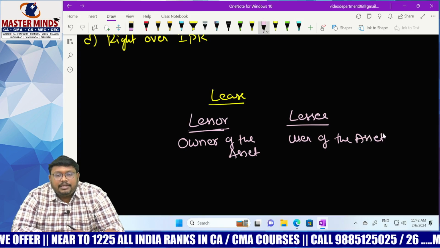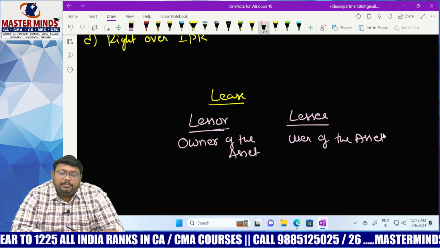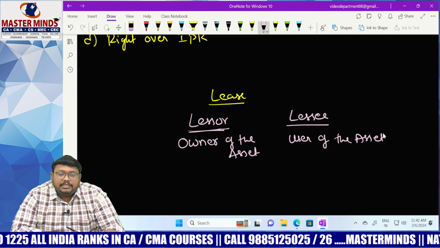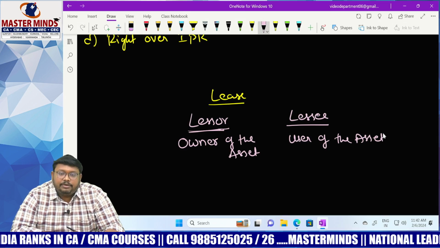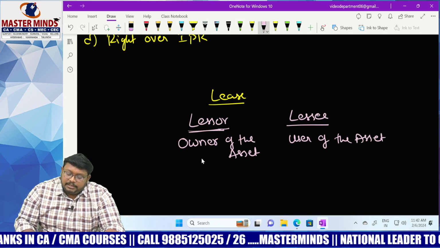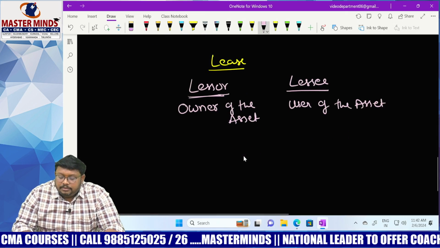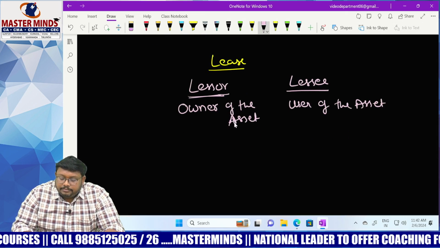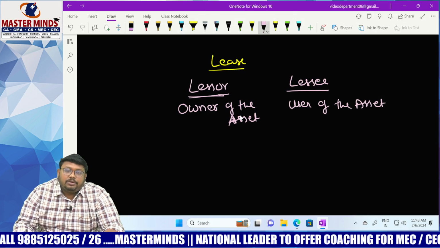So you have an asset, you are giving your asset for lease. You are the lessor and the other person is lessee. As per the legal terms, you are the owner of the asset and the other person is the user of the asset. So here the condition is: who is having control over the asset?